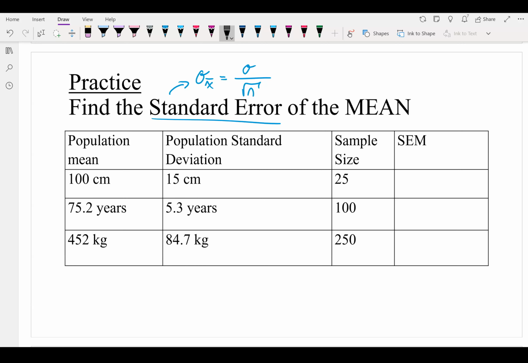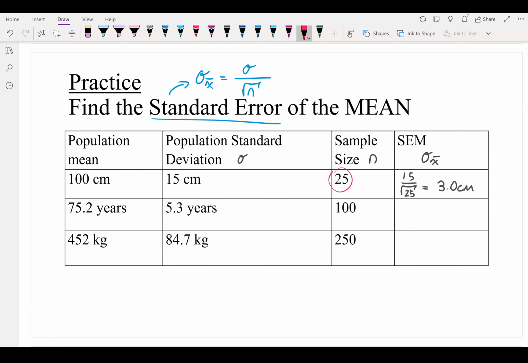So all we need is the standard deviation and the sample size. Standard error of measurement will be standard deviation divided by the root of the sample size. In this case, that's going to be 3 centimeters. You work that out.